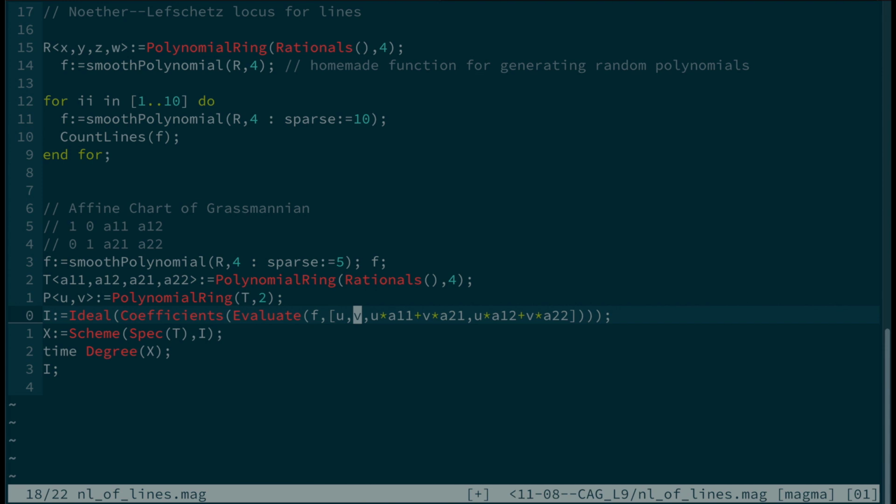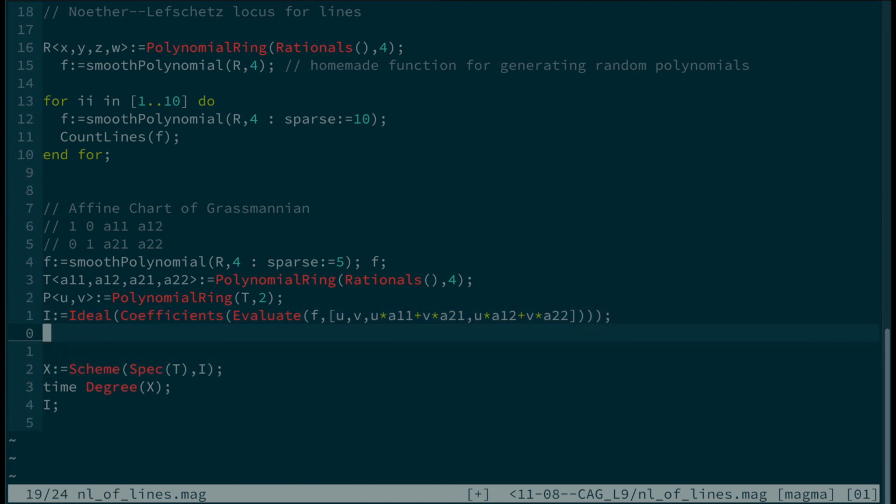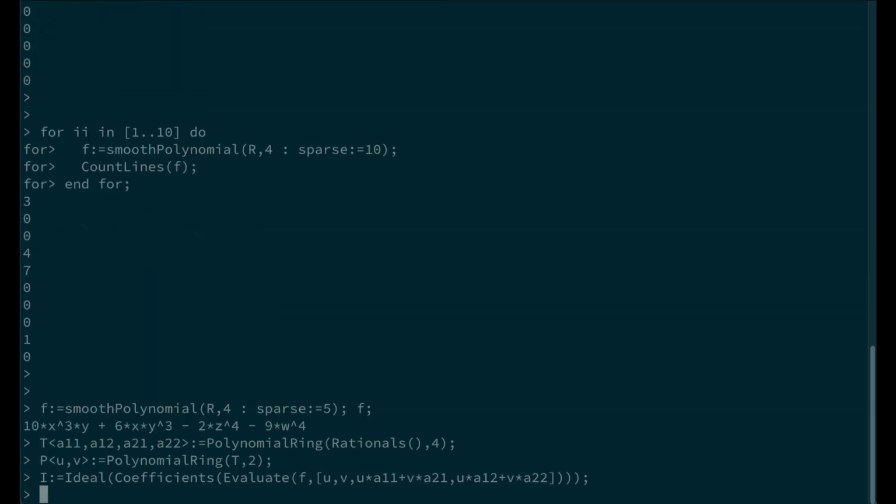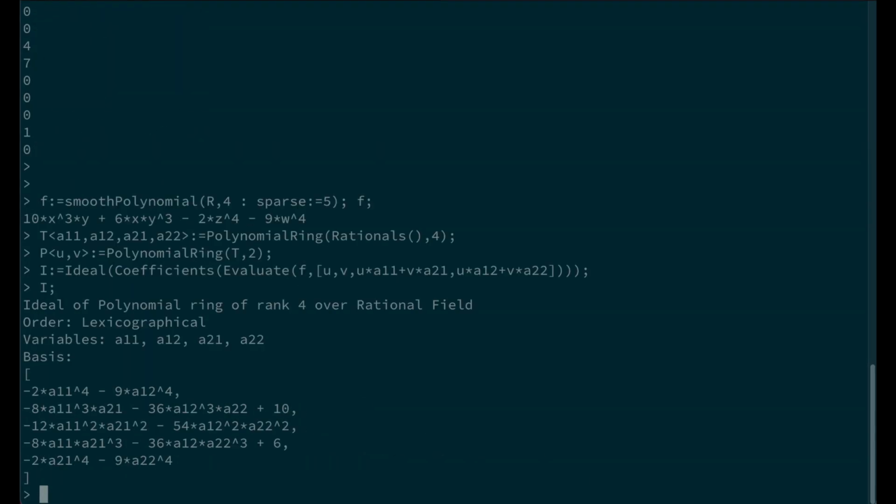For example, if I were to compute, let's say up to here, we see that this ideal has 5 generators. These are the generators that I have already given to it, because a homogeneous polynomial of degree 4 in uv has 5 coefficients: the coefficient of the constant term, so to speak, and the highest degree term.